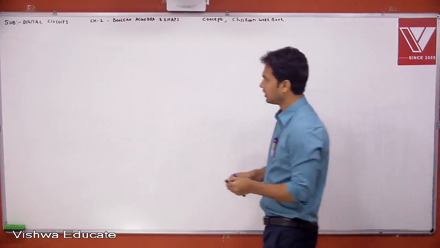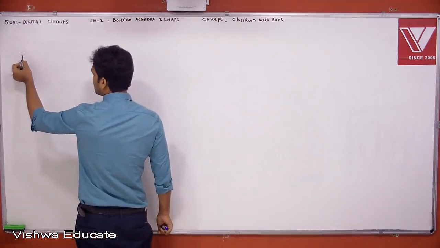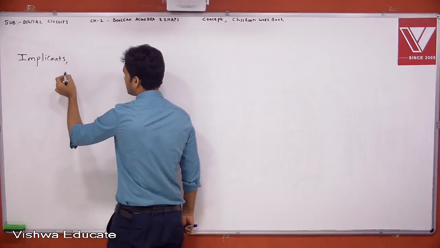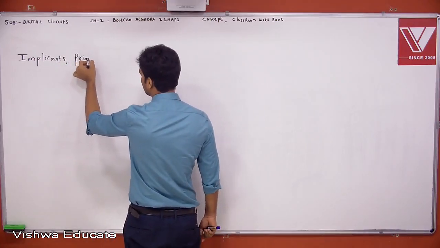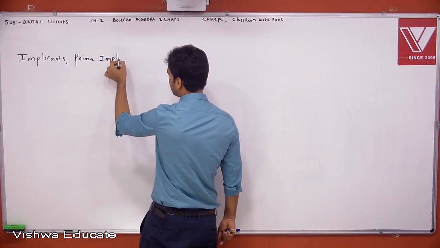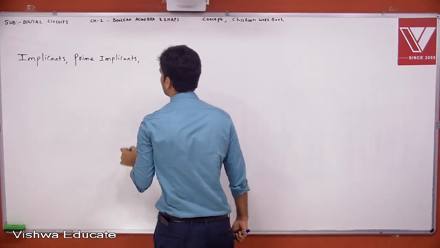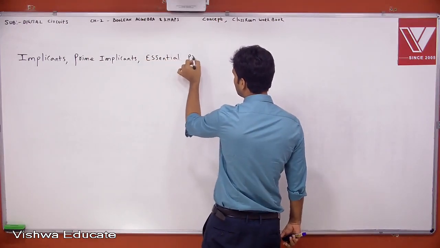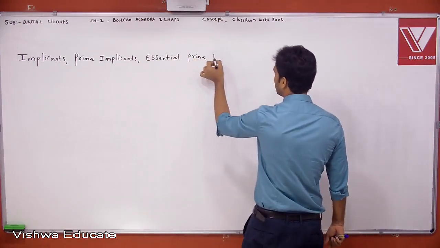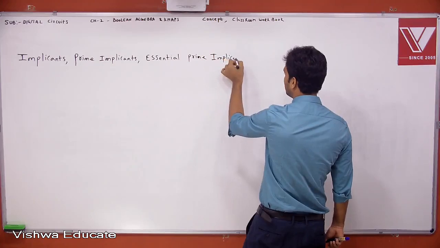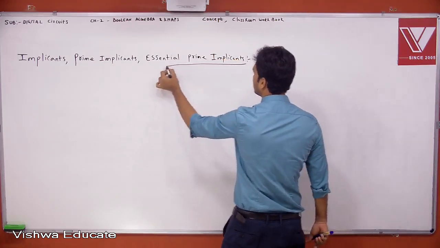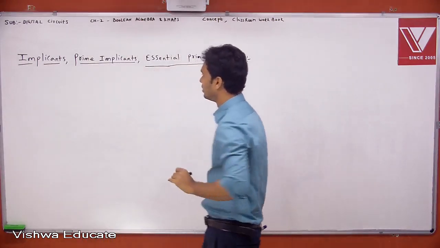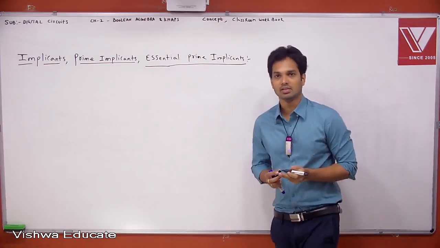The next one, keep the heading. In the K-maps, next part, implicants, prime implicants, essential prime implicants. Keep the side heading this. Prime implicants. Okay. Implicants, prime implicants, essential prime implicants.